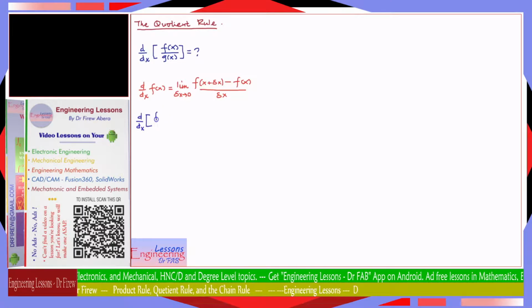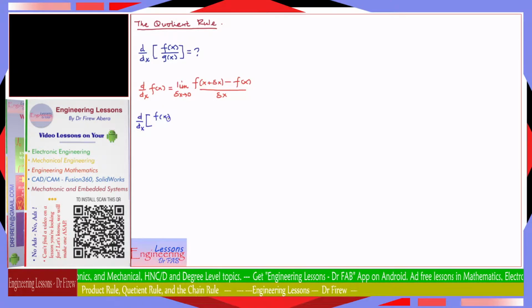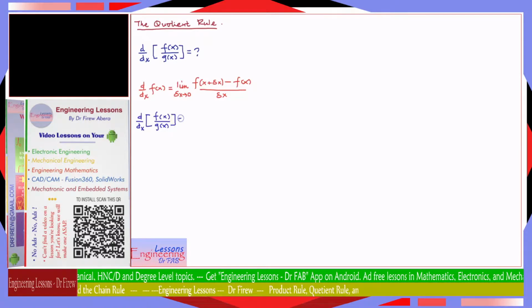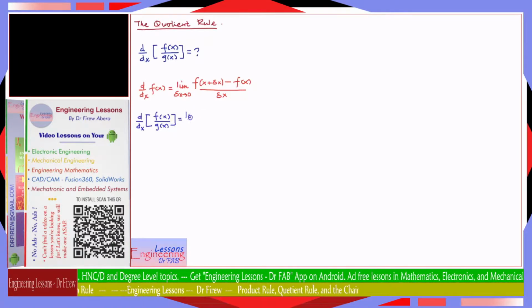So f of x over g of x, the change of it when there is a small change, delta x, with delta x, the limit approaching 0.